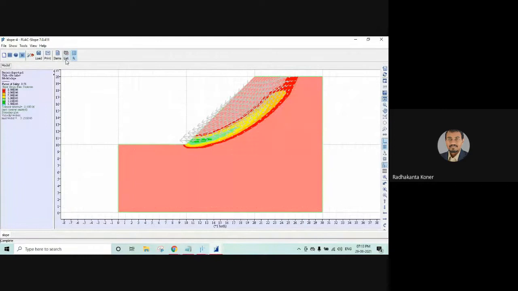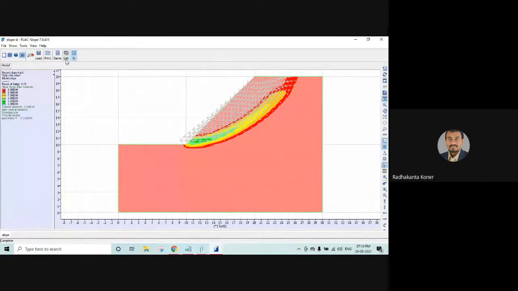The interpretation here is that the failure plane will lie within the shaded zone, because this portion is showing a good amount of shear strain increment compared to the rest of the mass.